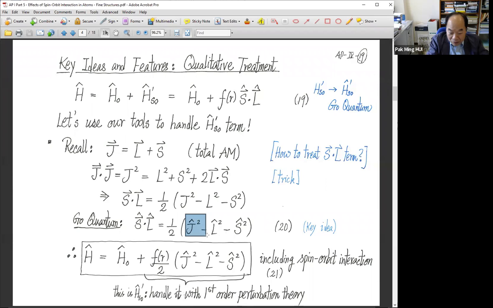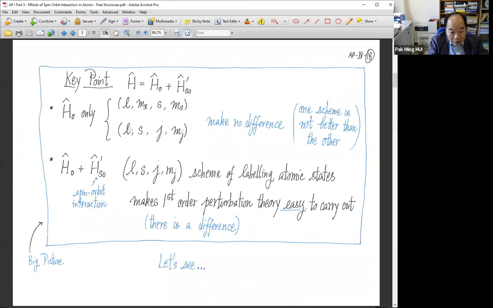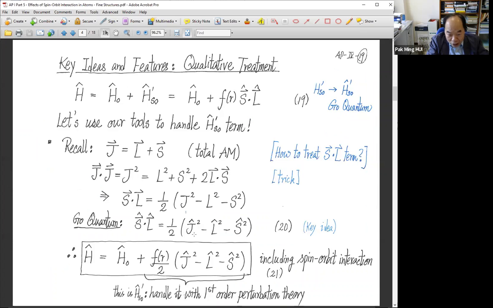Bravo, done. If you use this new scheme, you will not be afraid of J squared, L squared, S squared, because J squared is just j times j plus 1, h bar squared. This is l times l plus 1, this is half times half plus 1, h bar squared. Everything is done.